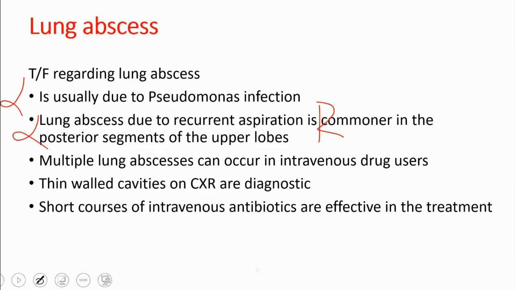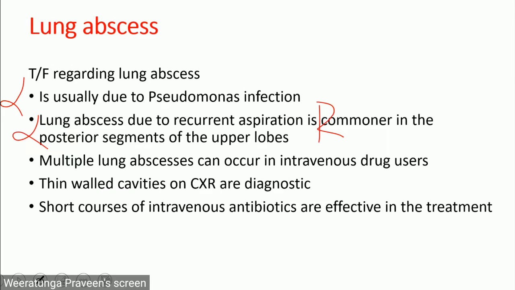A close second is the patient who has right-sided endocarditis. So the moment you see multiple lung abscesses, I think I showed you a nice X-ray of this in your appointment, think of melioidosis or right-sided endocarditis.